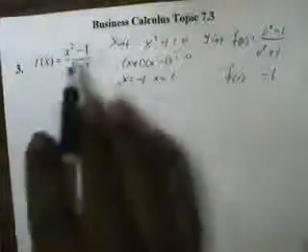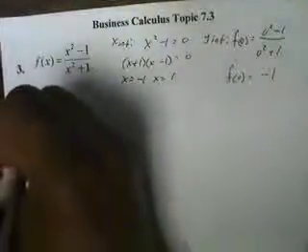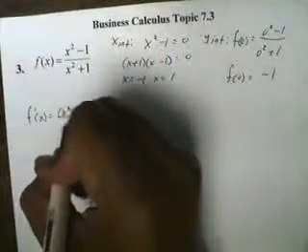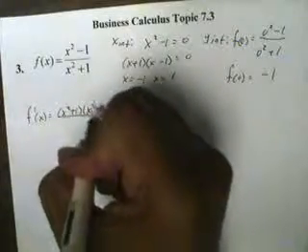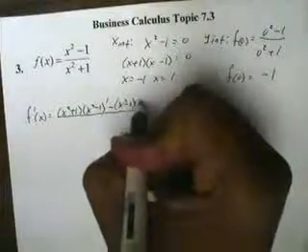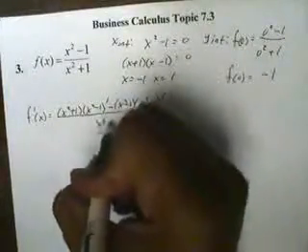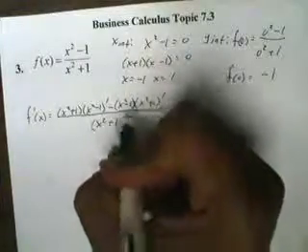Now, to find the max and mins of this function, we want to take a first derivative, and I have to use the quotient rule. I'll have x squared plus 1 times the derivative of x squared minus 1, minus x squared minus 1 times the derivative of x squared plus 1, all over x squared plus 1 all squared.